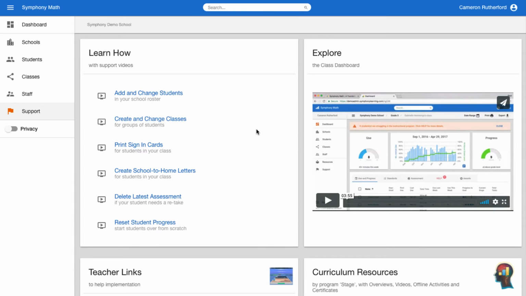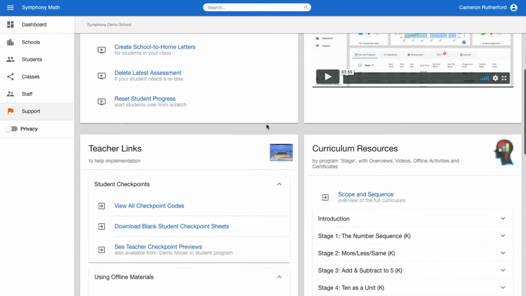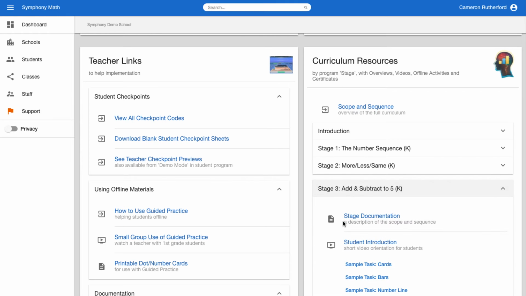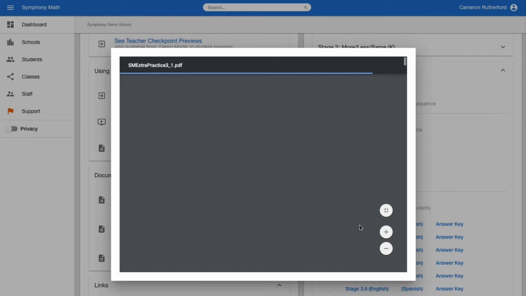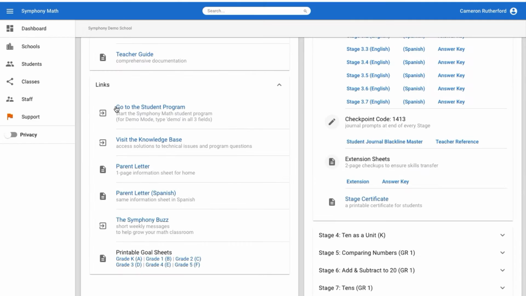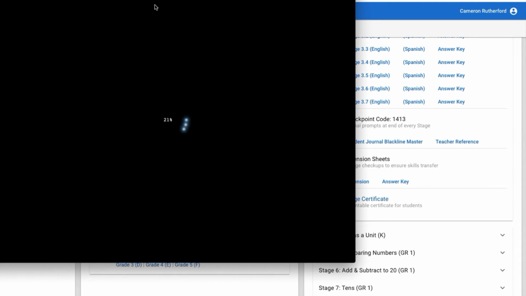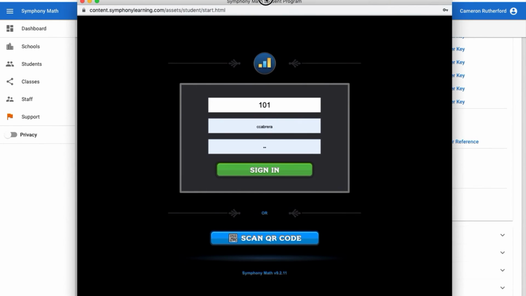After your students have shared some ideas, let them do tasks on their own. You will find many tasks in the Symphony Math under Guided Practice 3.1 and also in the demo mode, where you will find many tasks that you can project onto your smartboard.